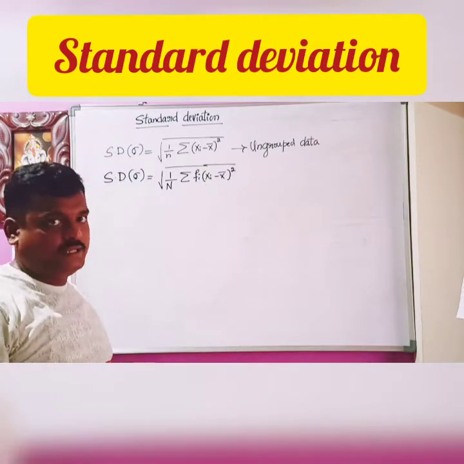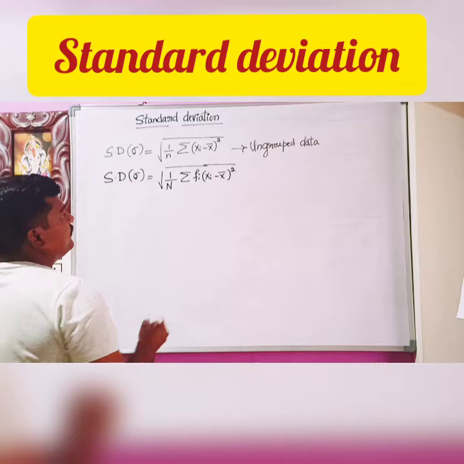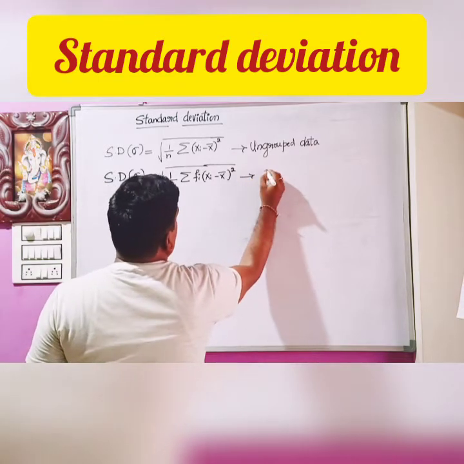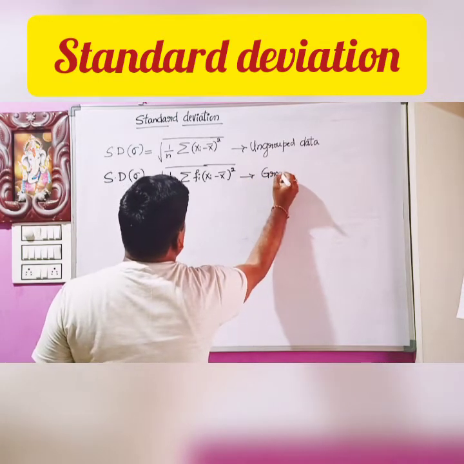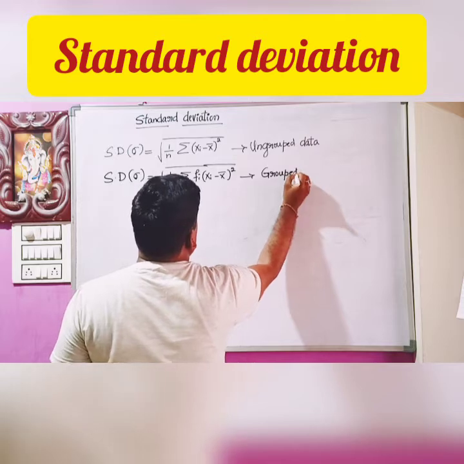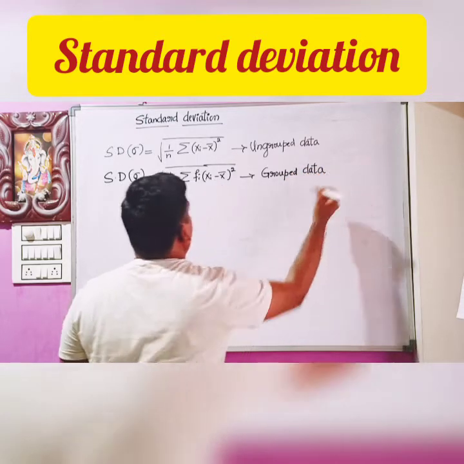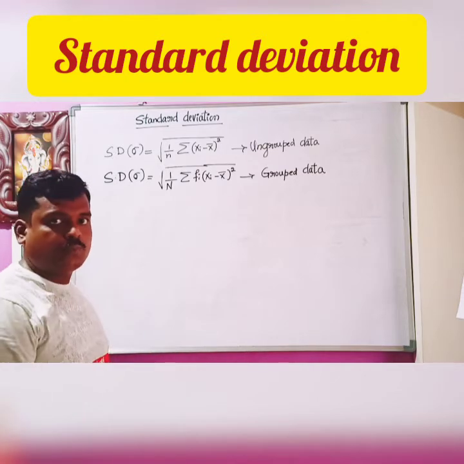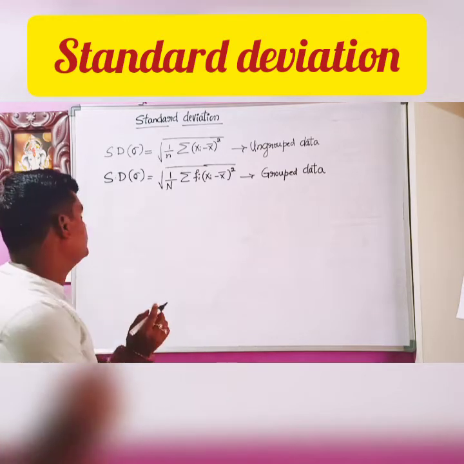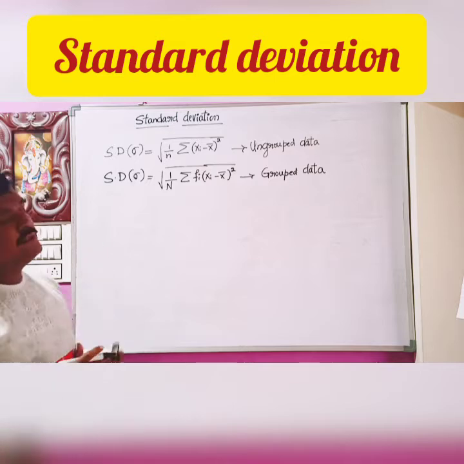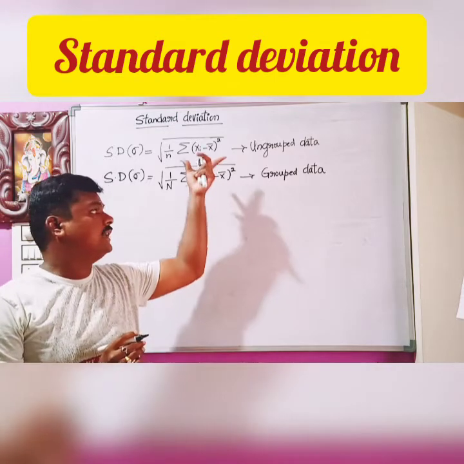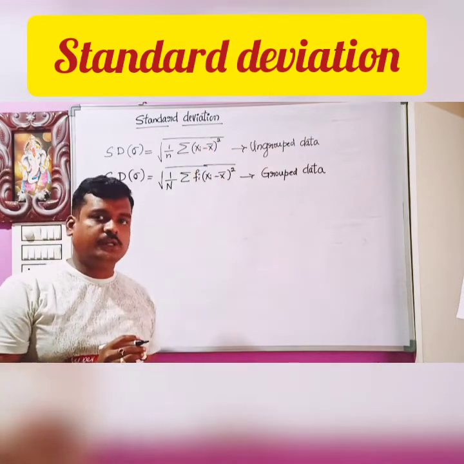It is the mean. So this is for grouped data. These are the two formulas: the first is for ungrouped and the second is for grouped data.